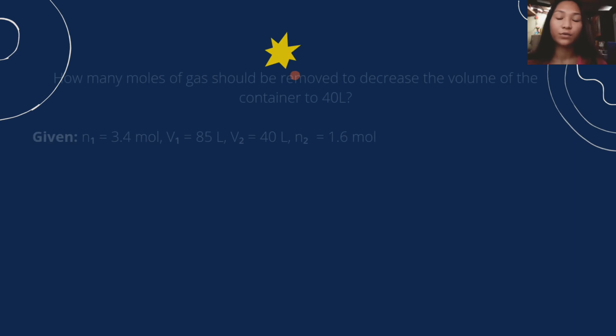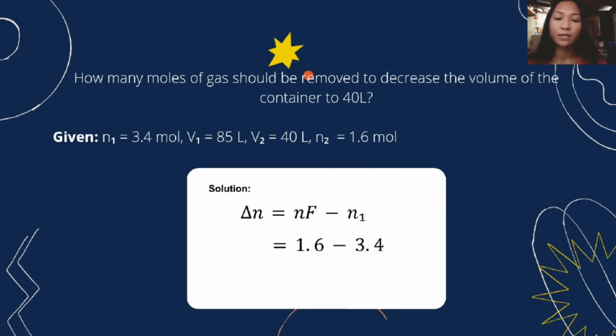Now let's go back to the question. The question asks, how many moles of gas should be removed to decrease the volume? So we started with 3.4 moles and we ended with 1.6 moles. So how many moles of gas was removed to go from the starting value of 3.4 moles to the final value of 1.6 moles?